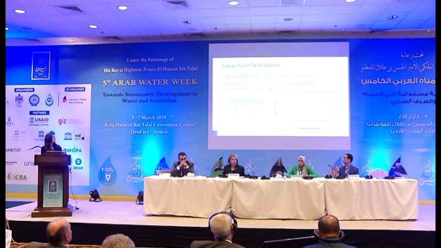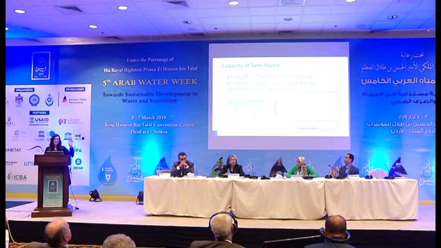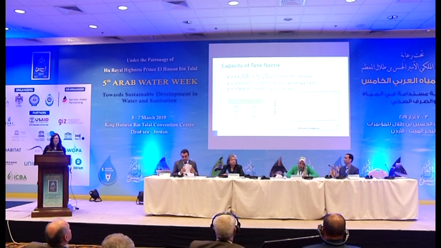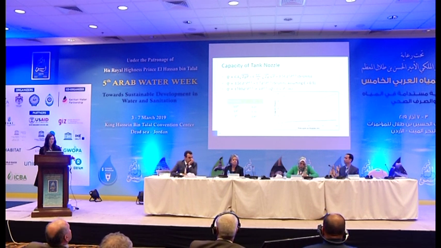In order to study pressure-dependent demand supply, we have to consider the size of the nozzles at the customer tanks. The orifice equation is reduced to the emitter equation, so it can be dealt with as Q = K multiplied by P to the power 0.5.